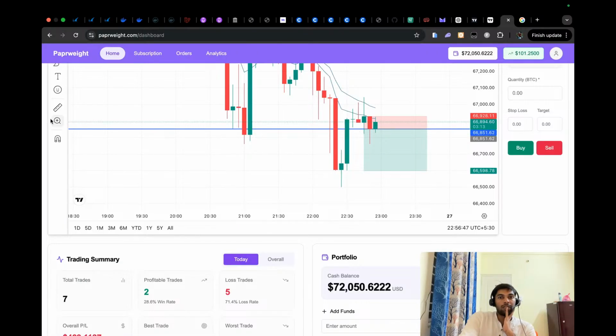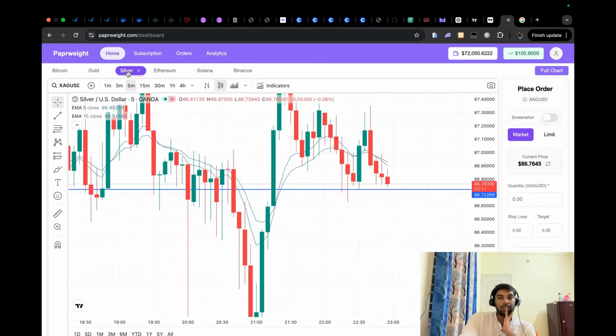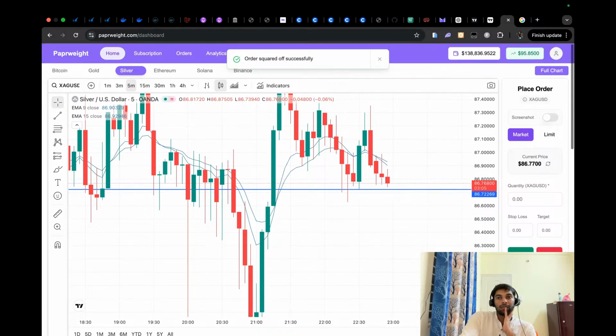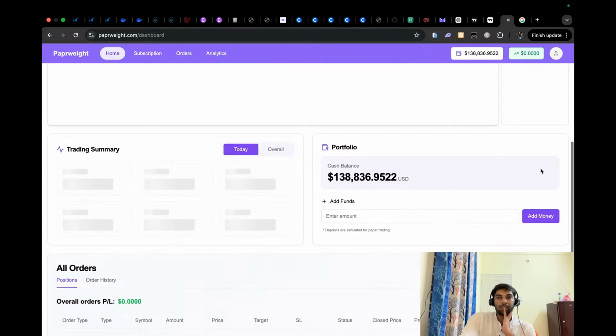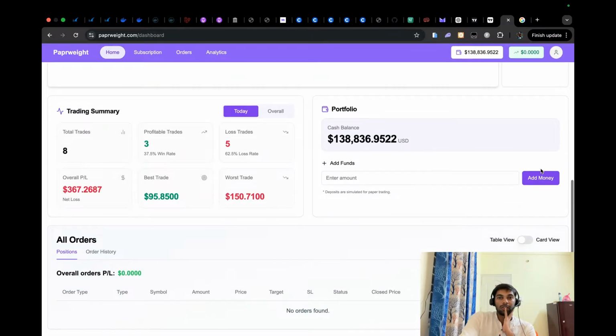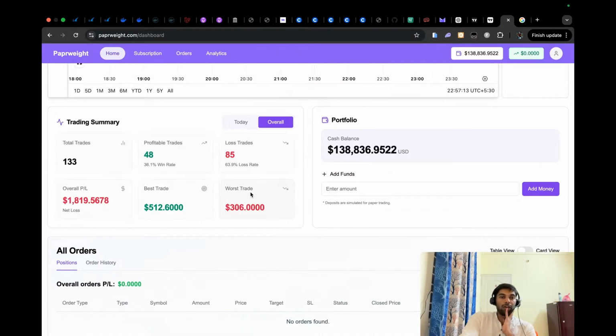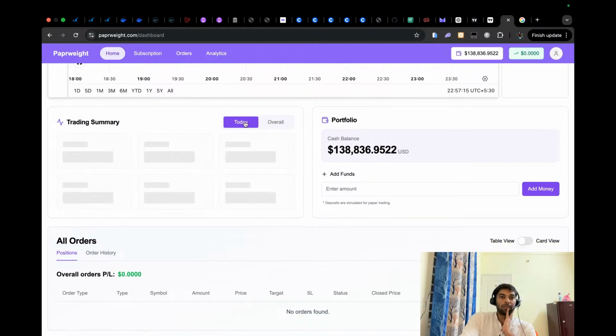I think silver has just reached our target. Oh shit, I squared off my position from silver. So overall today's loss is 367.2687 and the overall loss is 1819.